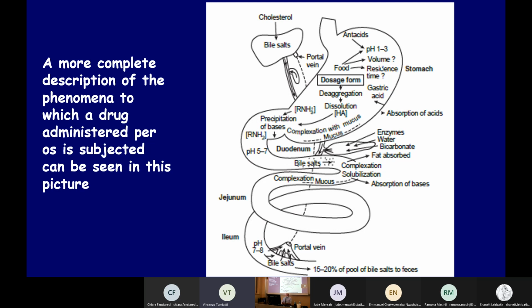You have a tablet with a lot of excipients, and your drug should be released from the matrix of the tablet in order to be free inside the stomach. So you can see the aggregation, the solution of your drug inside the stomach.